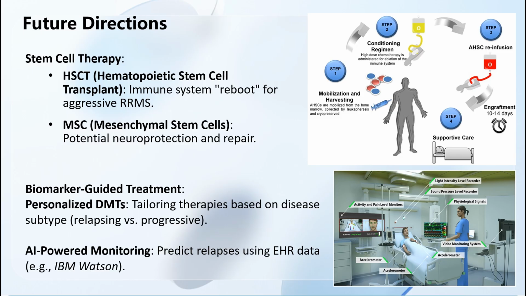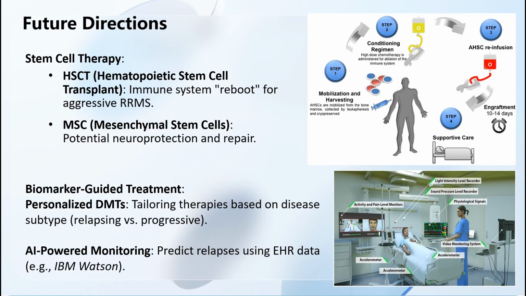This means the immune system would reboot for aggressive RRMS, as well as MSC, which is mesenchymal stem cells, and this could potentially protect the neurons and repair them after demyelination.